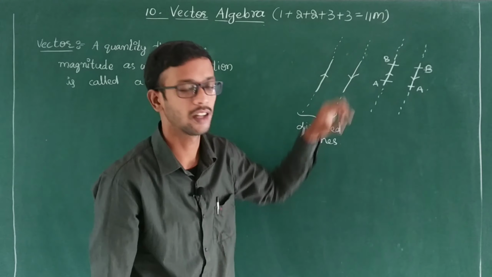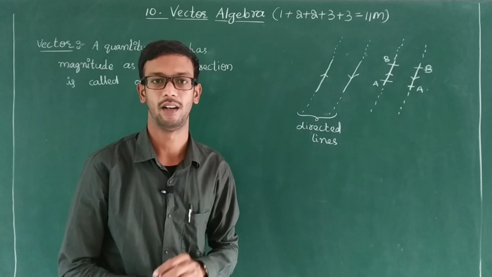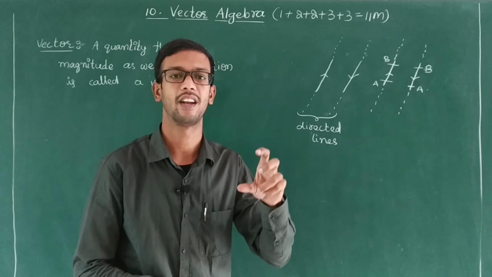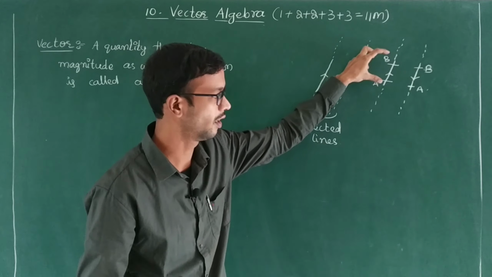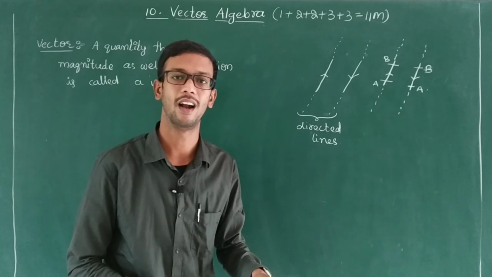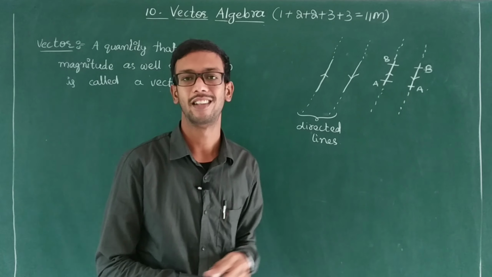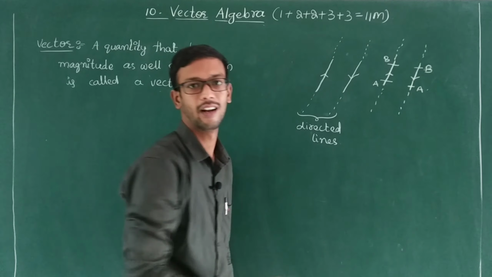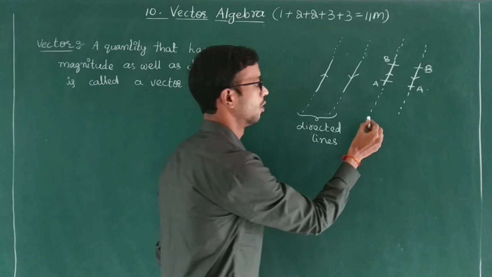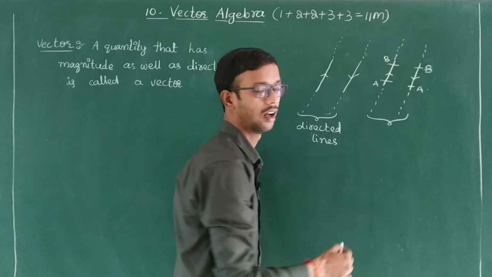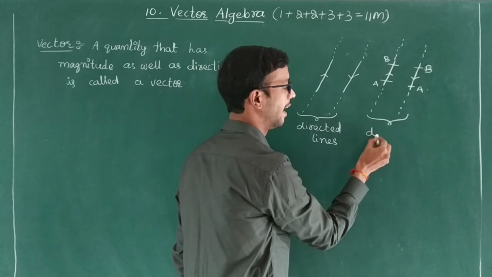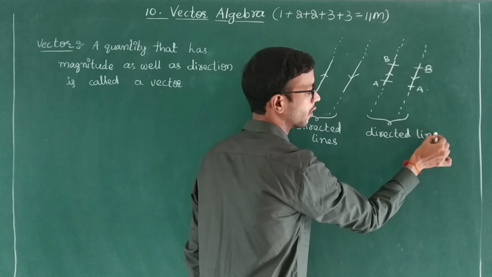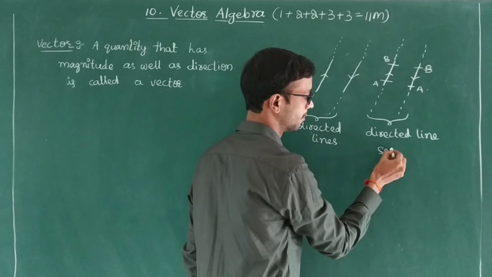This AB is nothing but a line segment. In a line, you are taking some restricted part, that is AB. That AB is called a line segment. Here direction is also there. So these are called directed line segments.